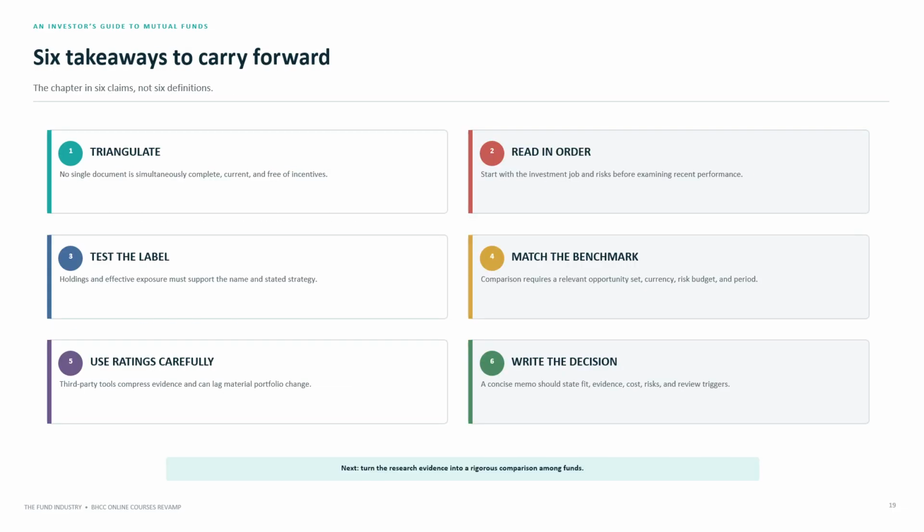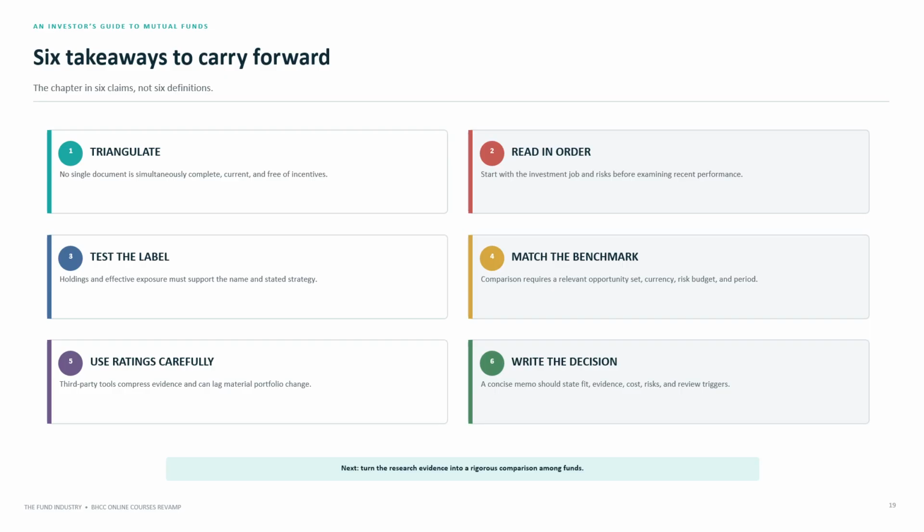First, triangulate. No single document is complete, current, and free of incentives. Second, read in order. Start with the investor's job, strategy, costs, and risks before recent performance. Third, test the label against holdings and effective exposure. Fourth, match the benchmark to the actual opportunity set, currency, risk budget, and time period. Fifth, use ratings carefully.